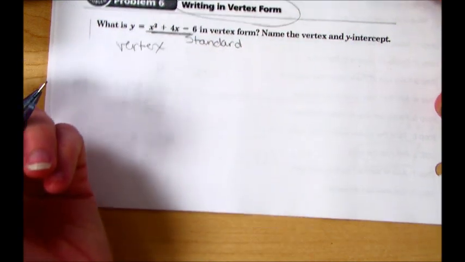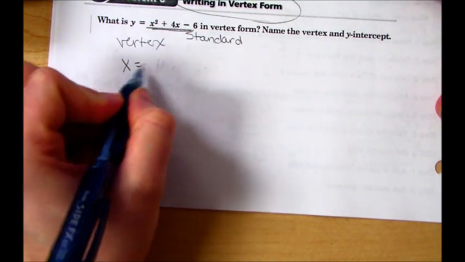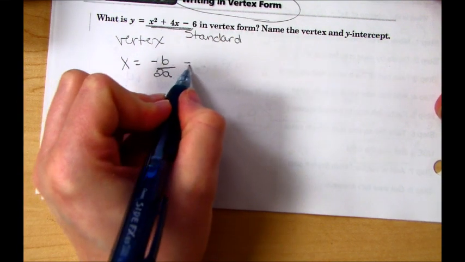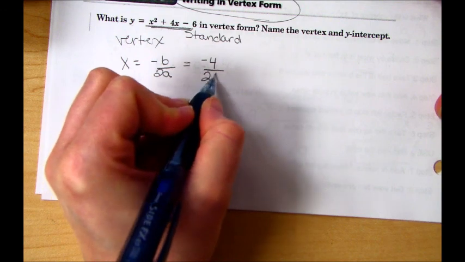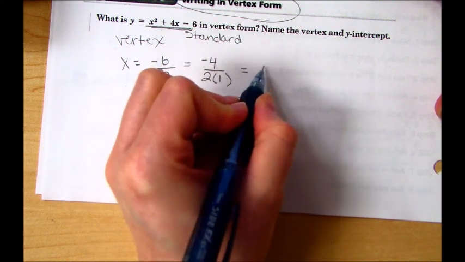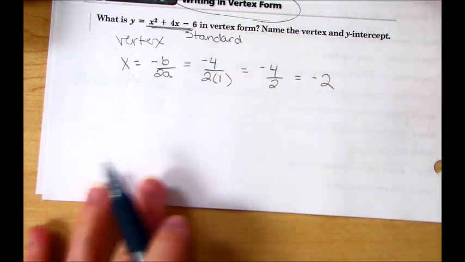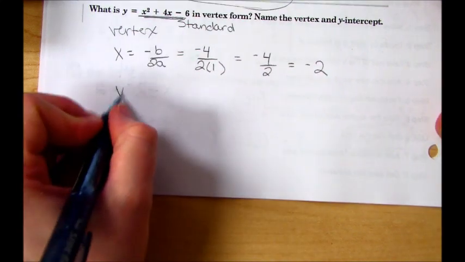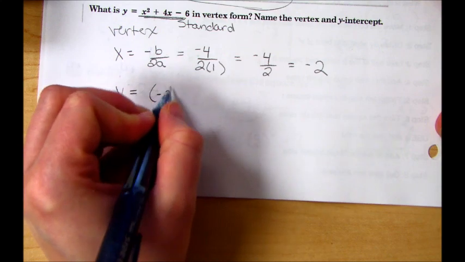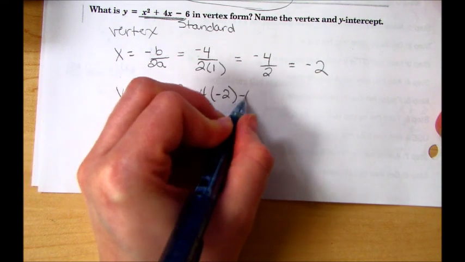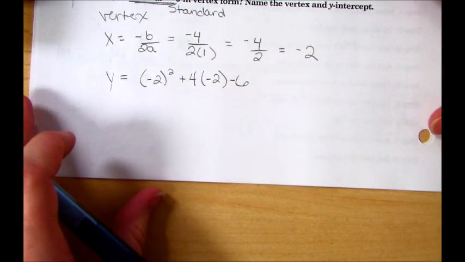So we have to find the vertex. Well, that's x equals negative b over 2a, or opposite b over 2a. So opposite 4 over 2 times 1, which is negative 4 over 2, which is negative 2. This is old. You should know how to do this. Y is going to equal, plug in your negative 2. This is old news. You actually should have just done this on your quiz today.